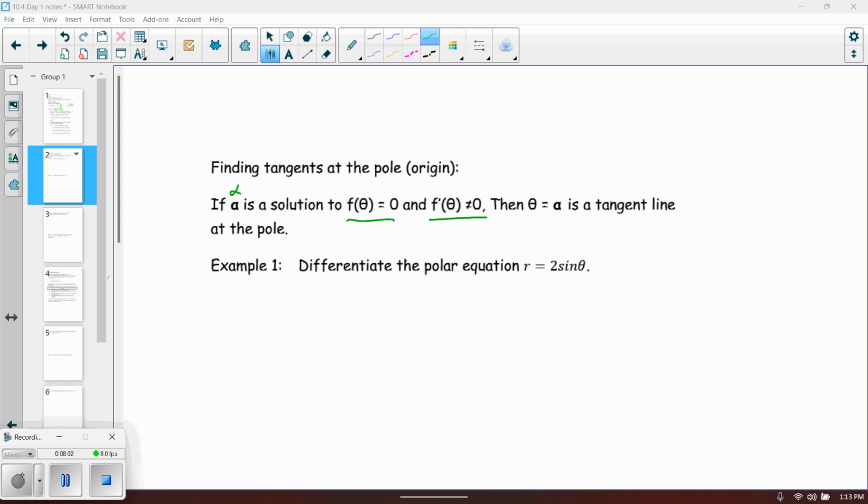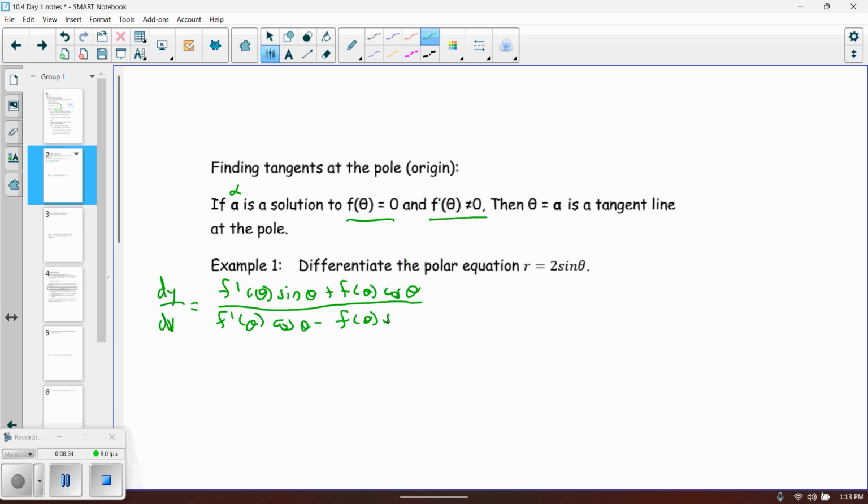All right, so just for this purpose here, we're going to rewrite what we just put on the other side. dy over dx equals, again, it's dy over d theta over dx over d theta, but on the other page we wrote that as f prime of theta sine of theta plus f of theta cosine of theta, all divided by f prime of theta cosine of theta minus f of theta sine of theta.